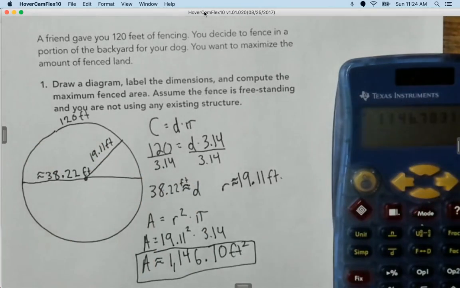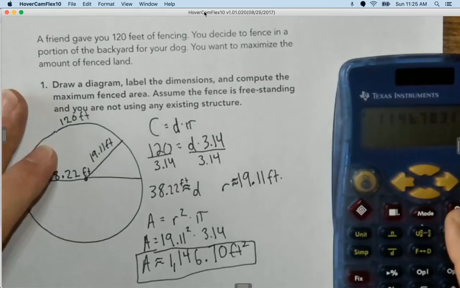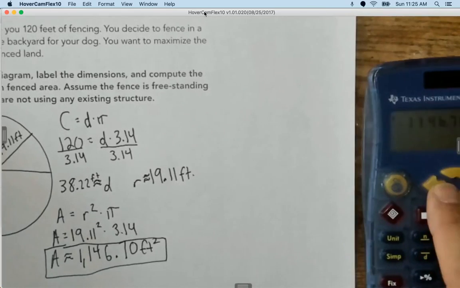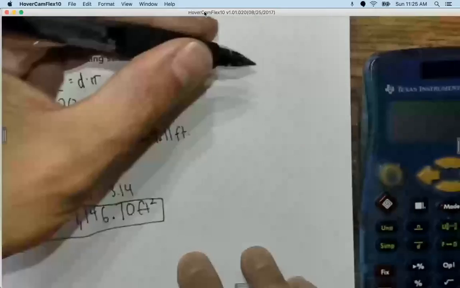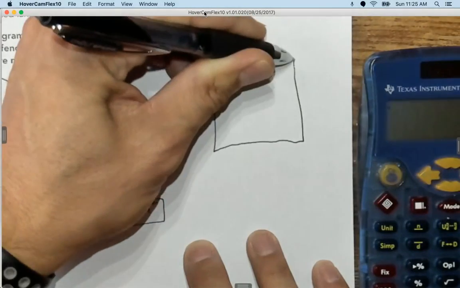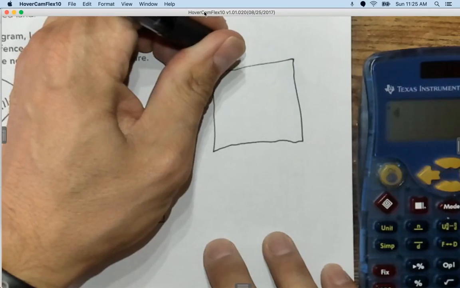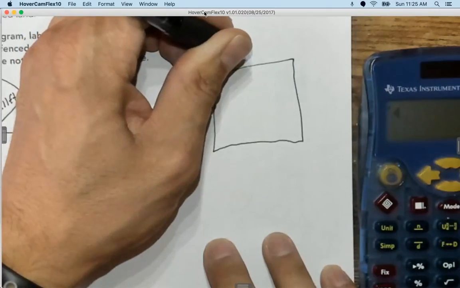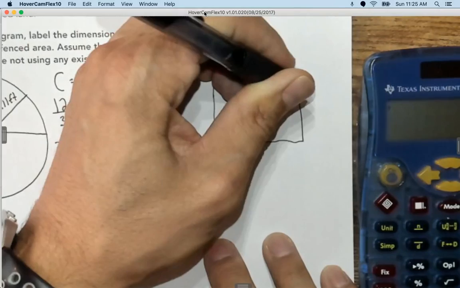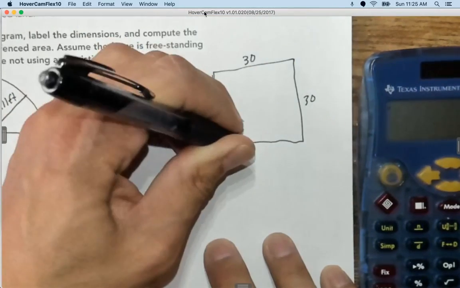Now I read this question again. It says maximum area problem. Draw a diagram, label the dimensions, and compute the maximum fenced area. Assume the fence is freestanding and you are not using any existing structure. So I got that amount of feet, but I was wondering, because it doesn't really say that I have to use a circle. So I was wondering, if I used a square with 120 feet of fencing, I would have 30, 60, 90, 120.